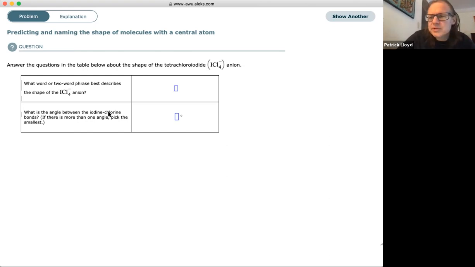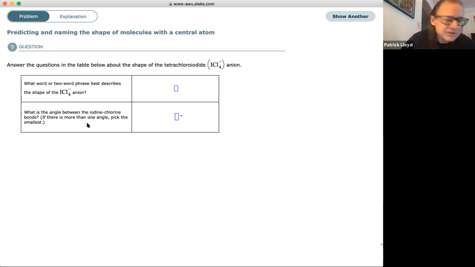It might probably have lone pairs around it. And if it has lone pairs, that's going to change the arrangement. So this thing might have 1 lone pair around the central atom and 4 surrounding atoms, or it might have 2 lone pairs around the central atom and 4 surrounding atoms. And then that's going to have an arrangement based on that. And then what are the angles there?